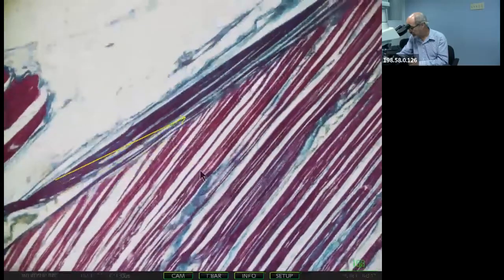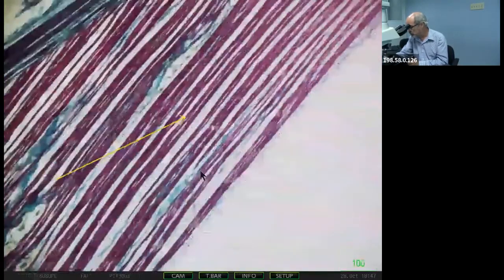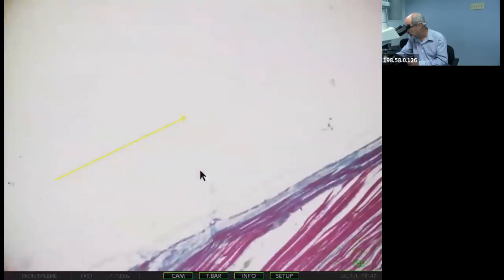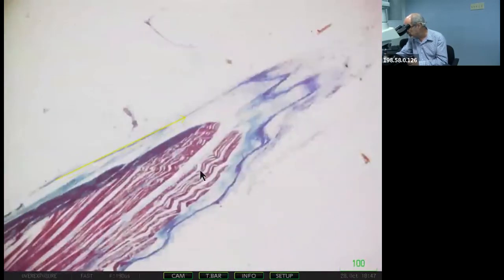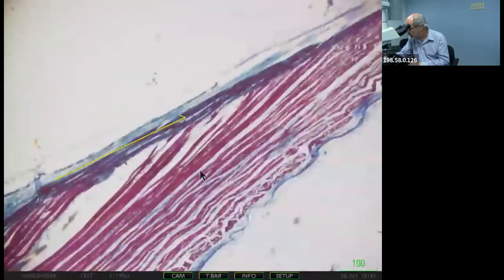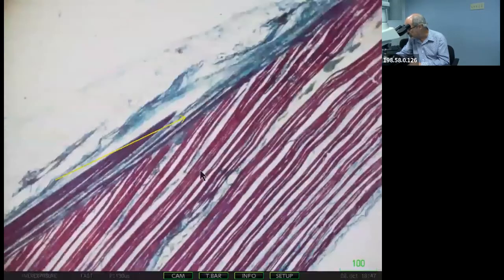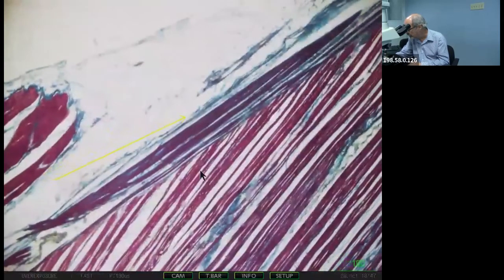So here you see more or less connective tissue. It's the junction between the tendon and your skeletal muscle. At the end, it will give you only connective tissue because it will be only your tendon. Remember that your tendon is made of connective tissue only.